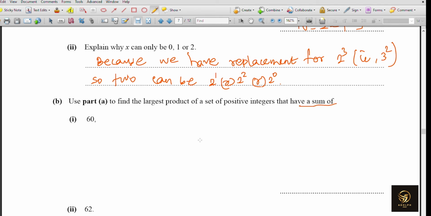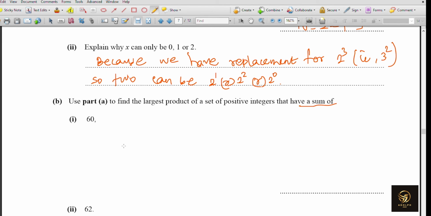The next, use part A to find the largest product for a set of positive integers that have a sum of 60. They gave the sum, so how are we going to find the largest product? The power of 2 can be only 0, 1 or 2. So let us divide the 60. Before that, let us check whether it is a multiple of 3 or anything else is remaining.